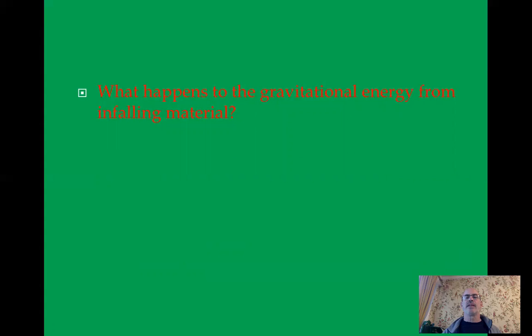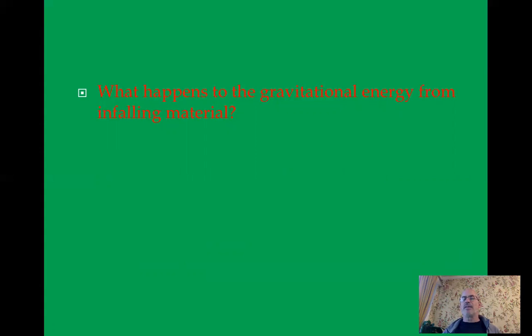What happens with the gravitational energy from infalling material? If you imagine all this matter collapsing gradually over thousands or millions of years, as they get closer they're accelerating all the time, because if you have a force pulling something, that object is going to accelerate.